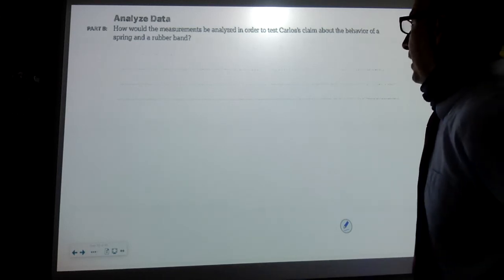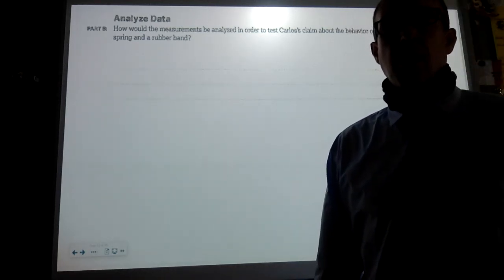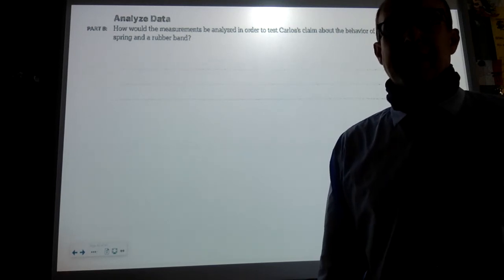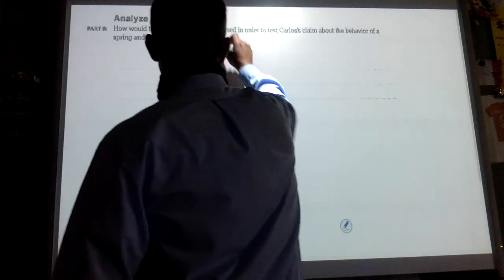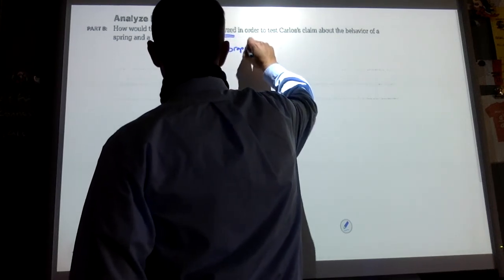How would the measurements be analyzed in order to test Carlos's claim about the behavior of a rubber band and a spring? When they want you to analyze data, this word analyze means they want you to graph.